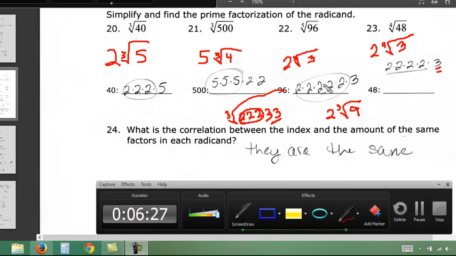So if it's cube root, then we're going to circle groups of 3 at a time. And if it's the 5th root, we're going to circle groups of 5 at a time. 4th root, we're going to circle groups of 4 at a time.